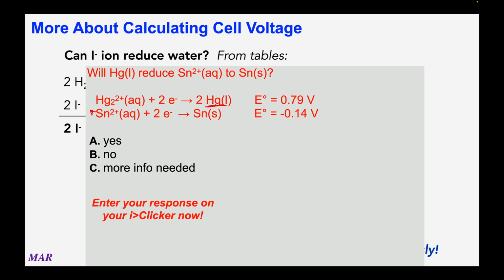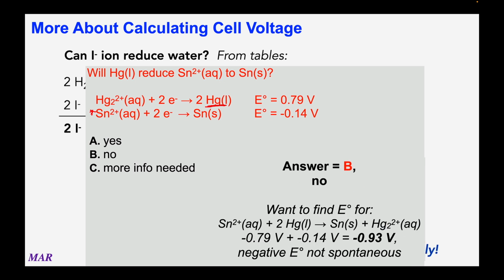So when you add the minus 0.79 volts to minus 0.14 volts, you get a very negative minus 0.93 volts, and negative E cell values will not occur by themselves. So we would not predict that mercury liquid would reduce tin 2 plus to tin. Its cell potential is negative. We need a positive E cell potential to make that happen.